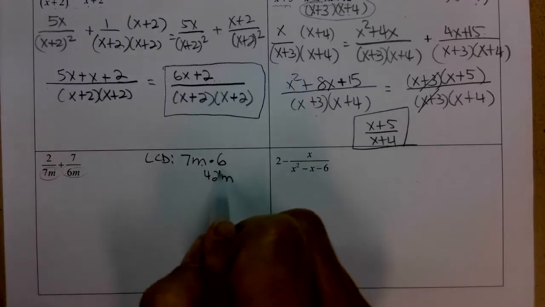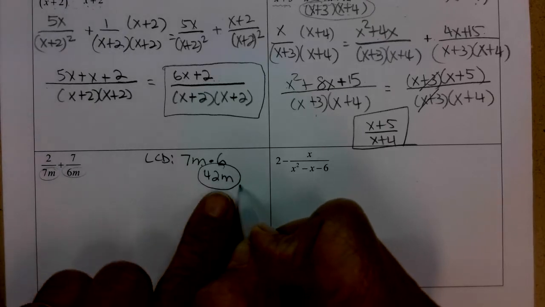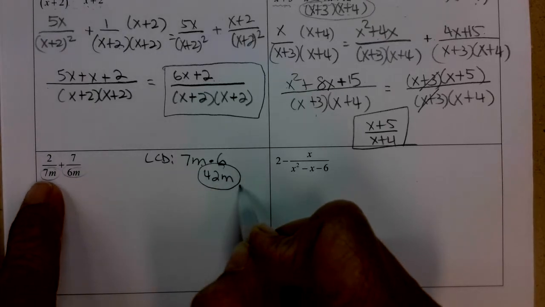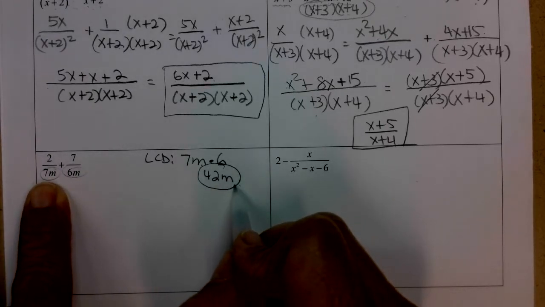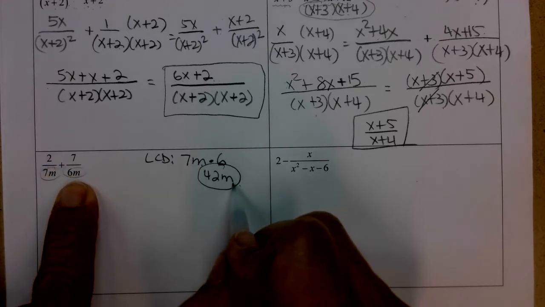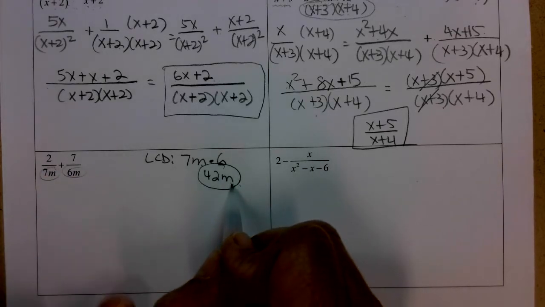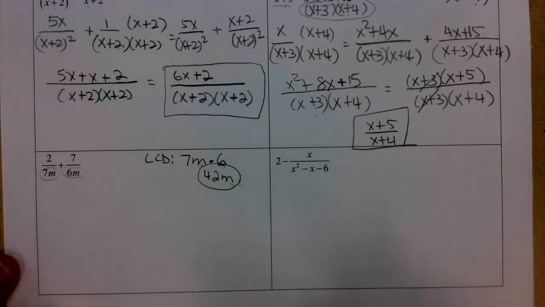So take a second to think about it. If 42m is the lowest common denominator, then we know that 7m will go into it 6 times, and 6m will go into it 7 times. So both of these denominators go evenly into that LCD. Okay, so let's build them both up.